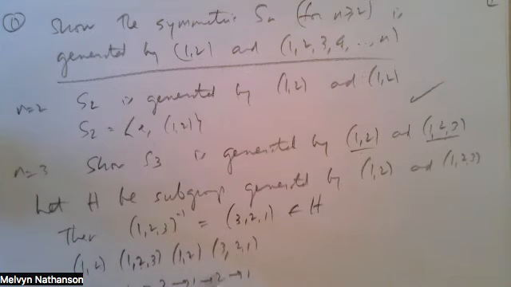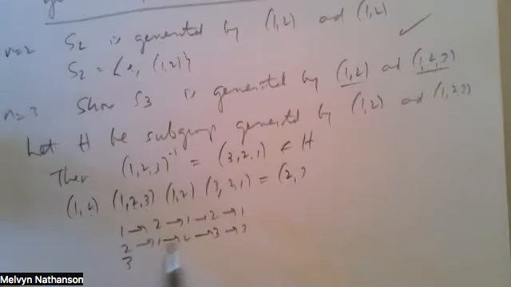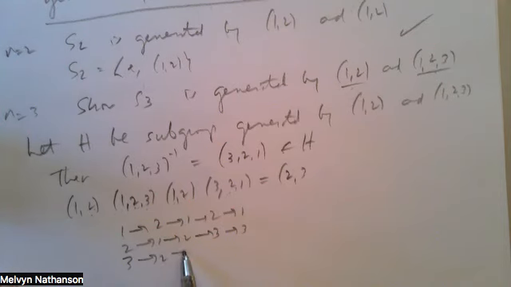What about 2? 2 goes to 1. 1 goes to 2. 2 goes to 3. And 3 goes to 3. So in this permutation, 2 goes to 3. What about 3? 3 goes to 2. 2 goes to 1. 1 goes to 2, 2 goes to 1.